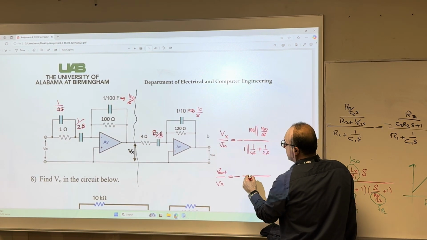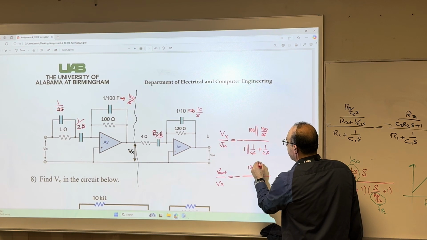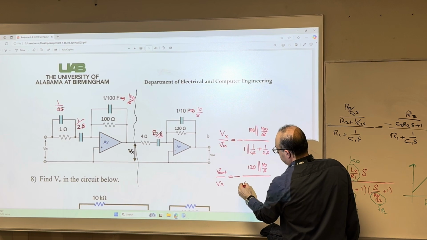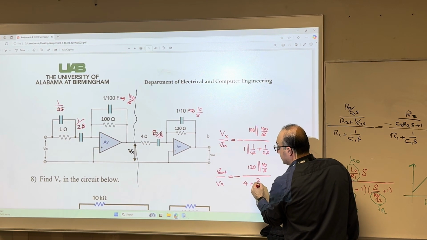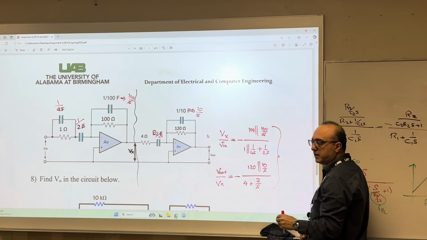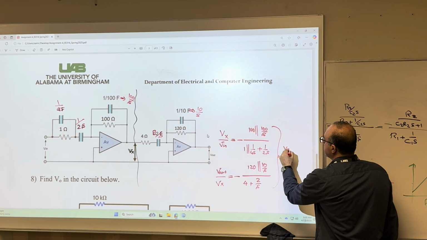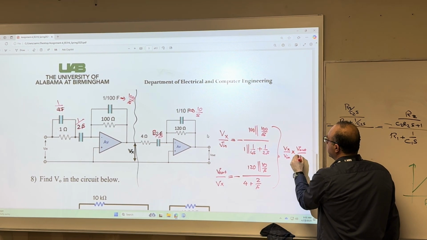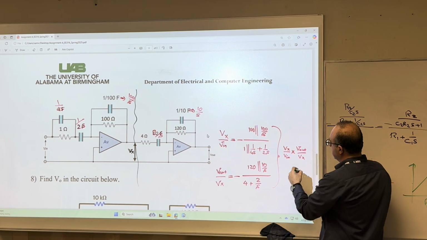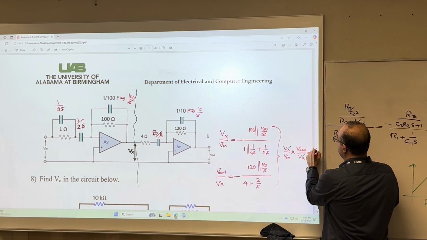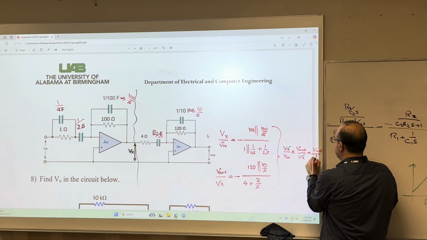The first one is going to be 120 in parallel with 10 over S, and the input is going to be 4 plus 2 over S. If you multiply these two, it's Vx over Vin multiplied by Vout over Vx. Vx is going to be cancelled. The result is Vout over Vin.